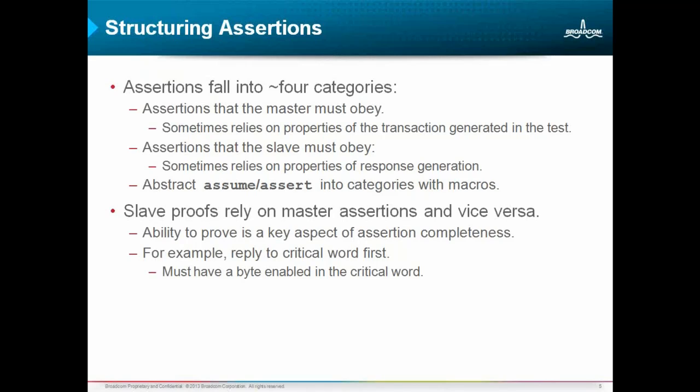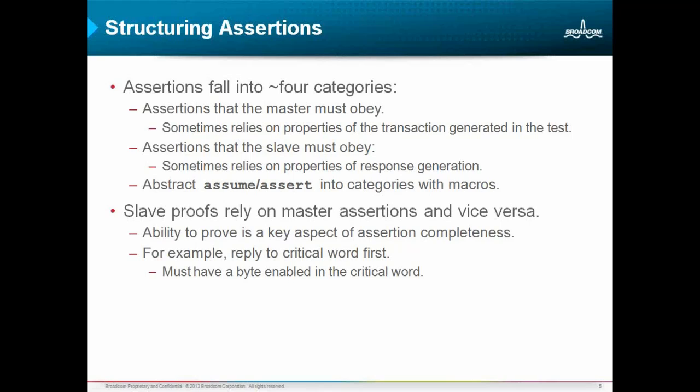And then you find there are properties of the transaction which you're trying to drive through a master which needs to be obeyed, and that tends to come from assumptions about what the C code is producing. And on the slave side, you'll find there are some properties of the response generation as well. So there are necessarily some non-synthesizable parts of the transactors, and you need to make some assumptions about those when you're trying to prove these assertions as well.